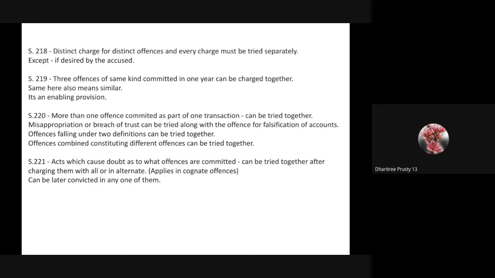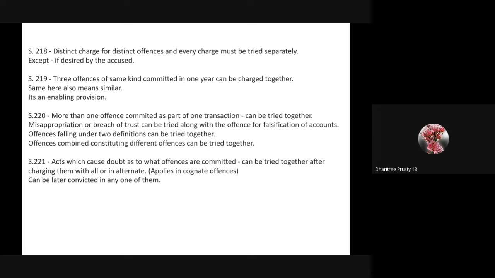218 says that there must be a distinct charge for distinct offenses and every charge must be tried separately. That is the rule. The object behind this is that the magistrate or the court, while trying the case, will not be prejudiced, thinking, oh, there are so many charges against the accused, there must be something he has committed, otherwise why are there so many charges against him?